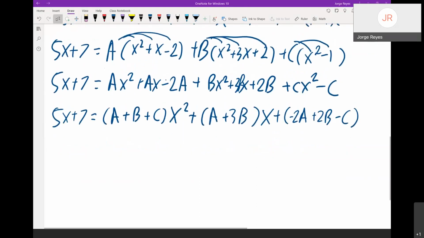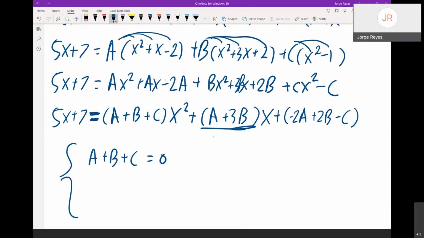All right, and then since they're equal, that means if we compare coefficients from the left and the right hand side, this one doesn't even have an x squared, so it's 0x squared. So you should get a plus b plus c equals 0.